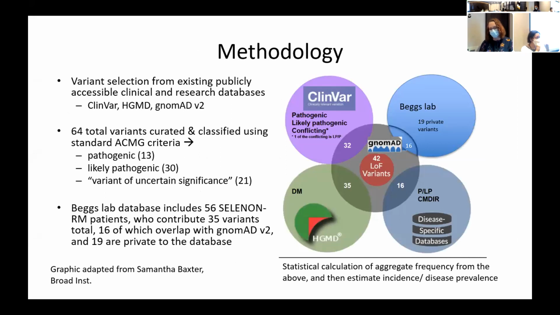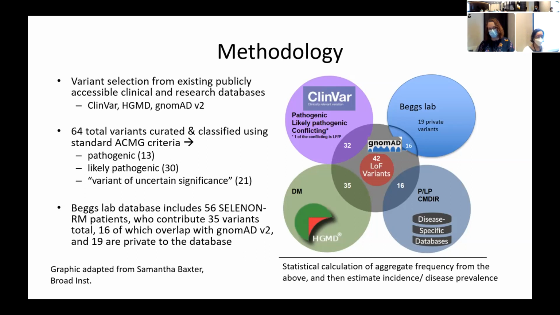Okay, so again, I've taken out as much of the technical aspects as possible and made this family friendly. Briefly, in terms of methodology, there are some publicly available databases that exist. ClinVar is one of them, the Human Gene Mutation Database is another, and gnomAD is another, which are basically repositories of large numbers of people who have variants that have been classified, in the case of ClinVar, where you can say they're either disease-causing or likely disease-causing.